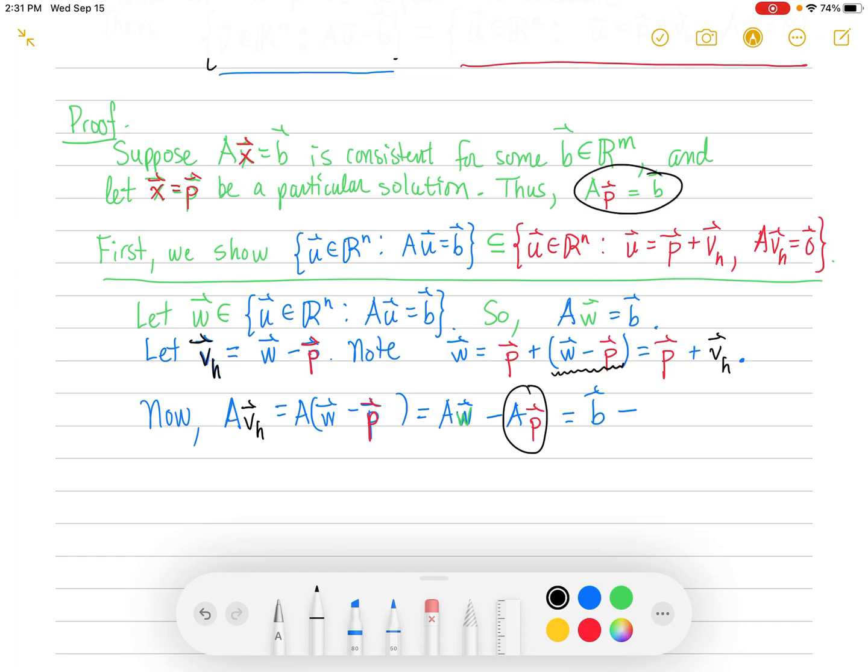Remember back here, AP is equal to B. I'm going to replace that with a B. So a vector B minus a vector B gives you the 0 vector. So what do we have? We have A times VH equals a 0 vector. So that means VH is indeed a solution to the homogeneous equation, AX equals 0.